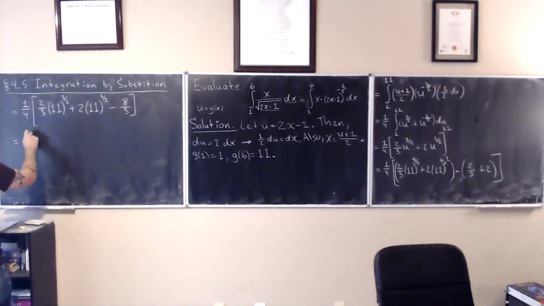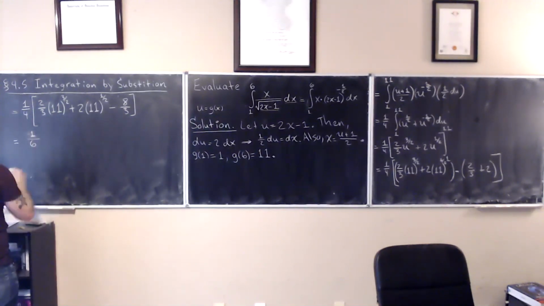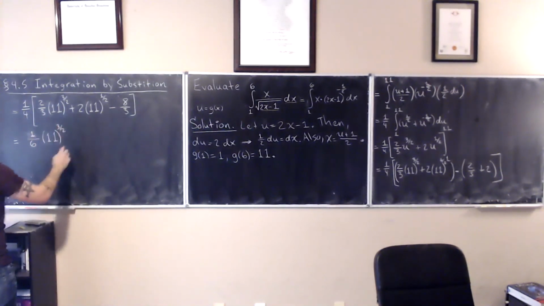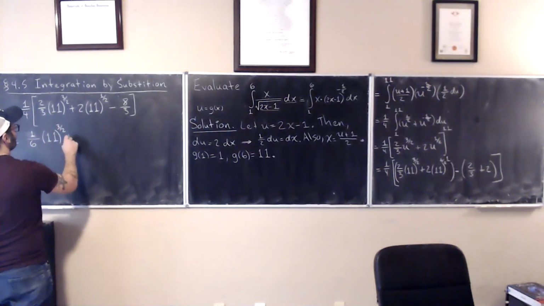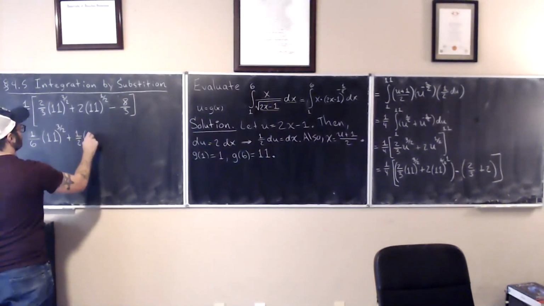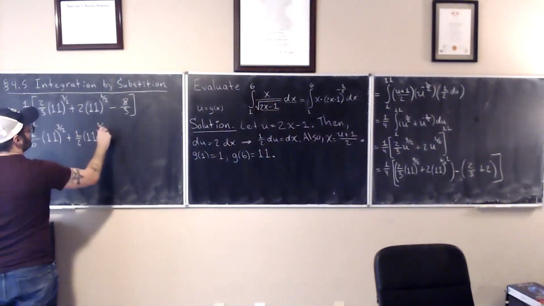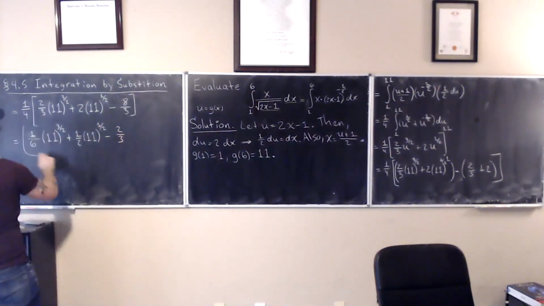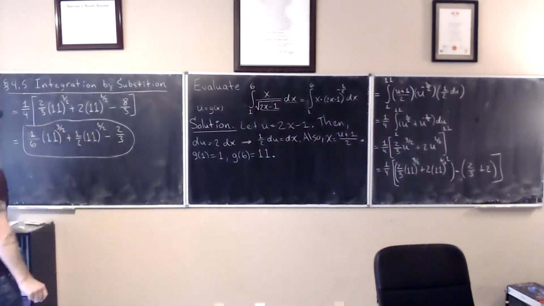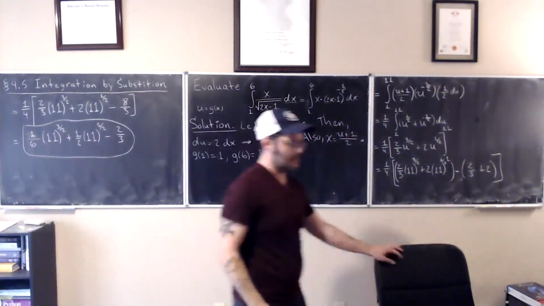So this becomes 1/6 of 11 to the 3/2 plus 1/2 of 11 to the power 1/2 minus 2/3. Whatever that answer ends up being. I don't have a calculator on me. Whatever that ends up being.